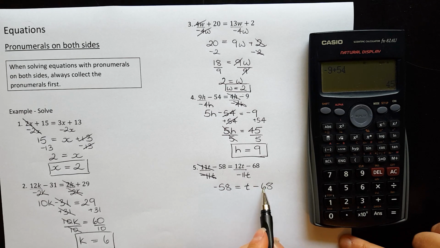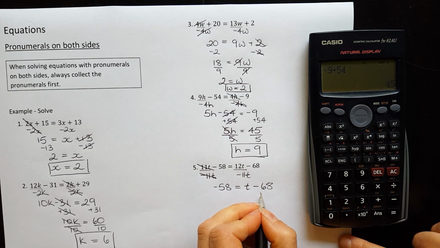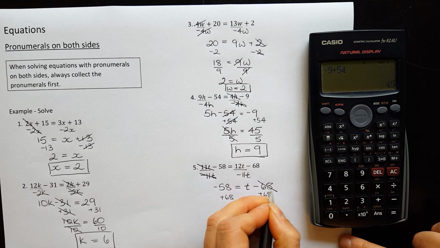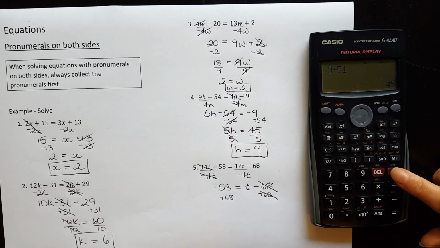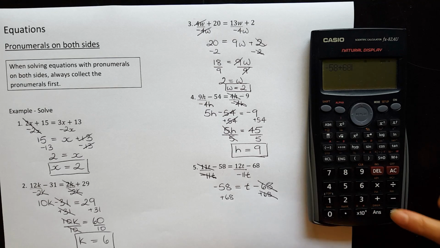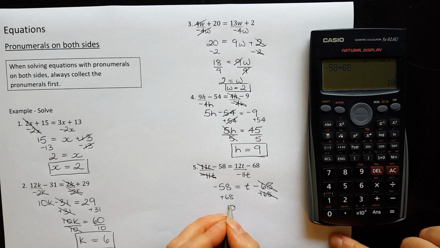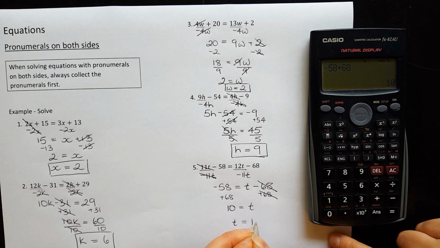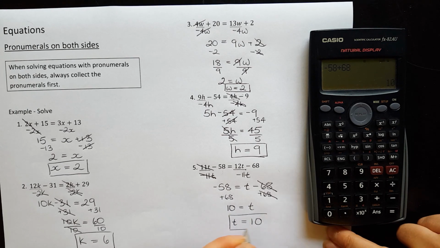Now there's only one thing to move here, and it's the 68, so I need to add 68 to both sides. Okay, we have minus 58 plus 68 makes 10, and we can switch that around the other way. t is equal to 10.